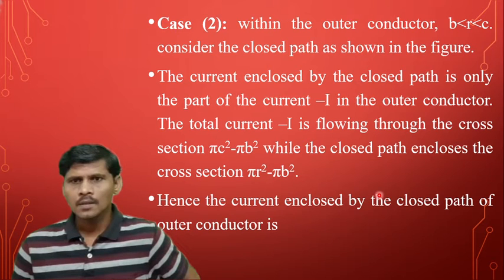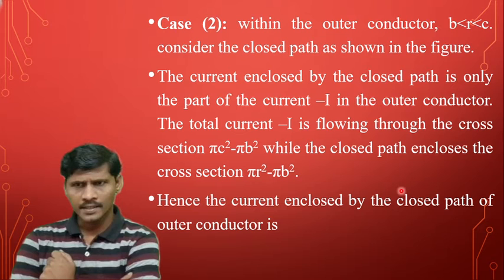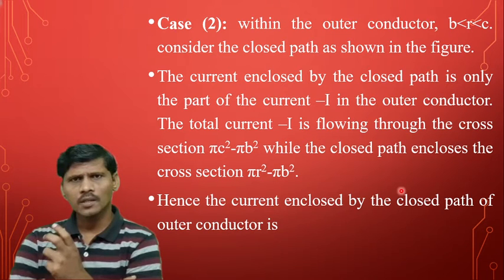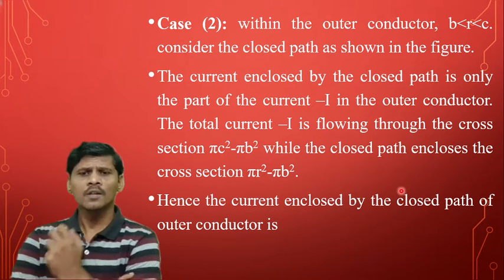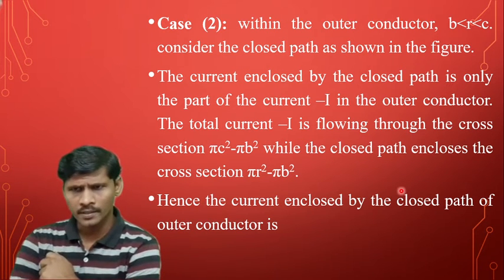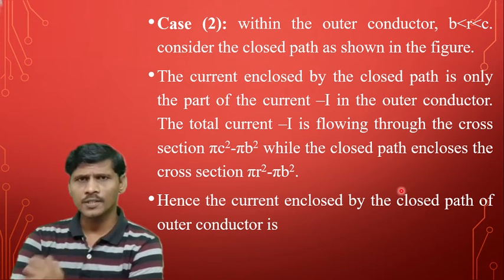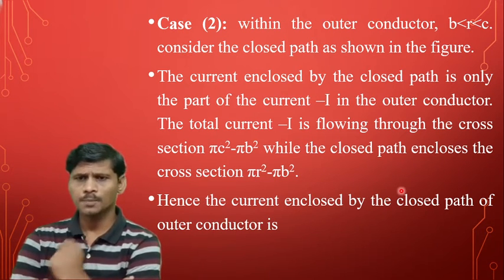The current enclosed by the closed path is only the part of the current minus I in the outer conductor. The total current minus I is flowing through the cross section pi c square minus pi b square, and the closed path encloses the cross section pi r square minus pi b square.